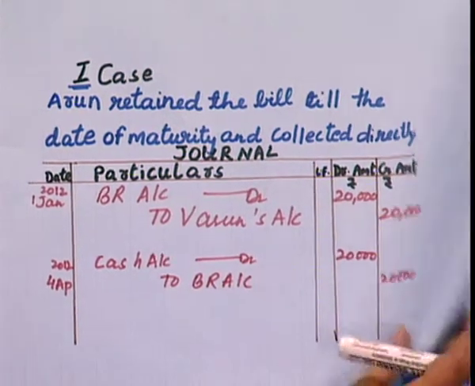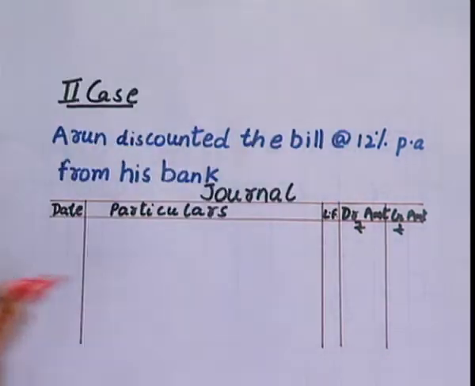Now, moving on to our second case. In this case, Arun has got the bill discounted from his bank at 12% per annum.